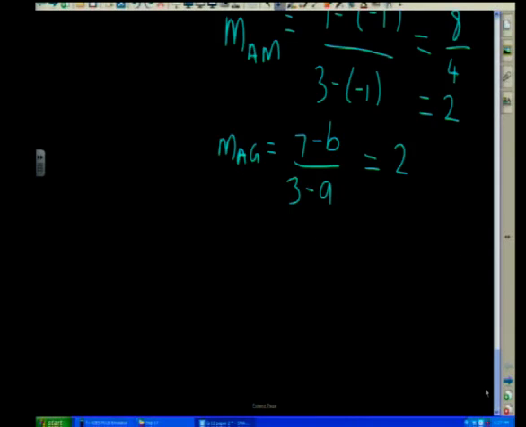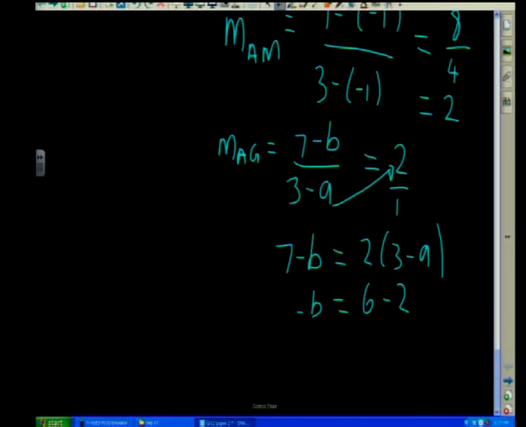All right, so I can now simplify this. I'm going to cross multiply. Remember, this is 2 over 1. So I'll get 7 minus B is equal to 2 times (3 minus A). Therefore, minus B is going to be equal to 6 minus 2A minus 7, and that's going to give me 6 minus 7, which is minus 1, minus 2A.